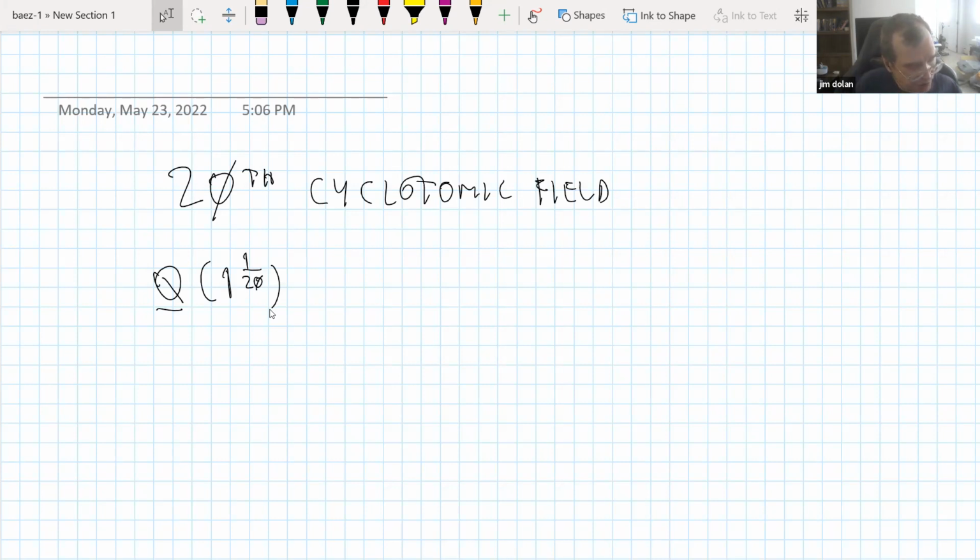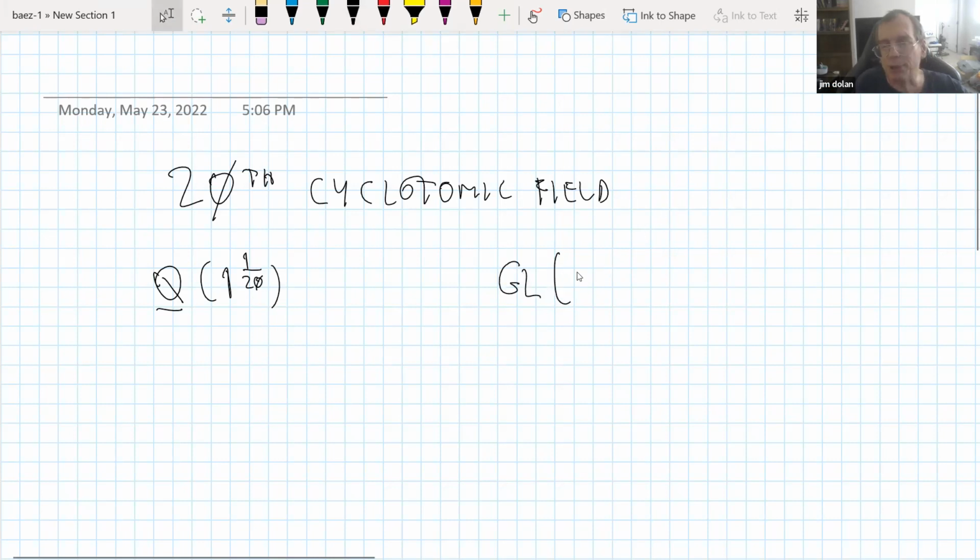And basically that would include things like 1 to the power of n over 20, where n is relatively prime to 20. That's pretty much what you need for it to be primitive. And so there's basically those 8 primitive elements, those 8 relatively prime things. It's basically GL1 of Z mod 20, right?